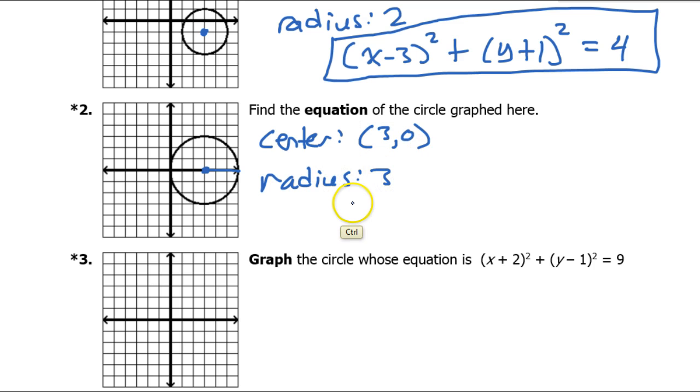So putting those two pieces of information together, I have x minus 3 squared, the opposite of that one. Because of the 0, I know it's just going to be y squared. So y minus 0 is just y. So I'm just going to put y squared is equal to the radius squared. So that's going to be 9.